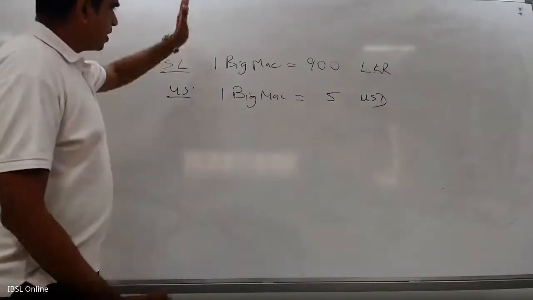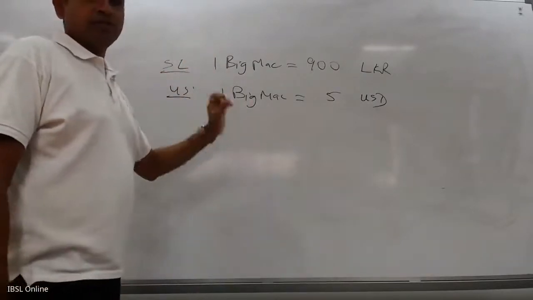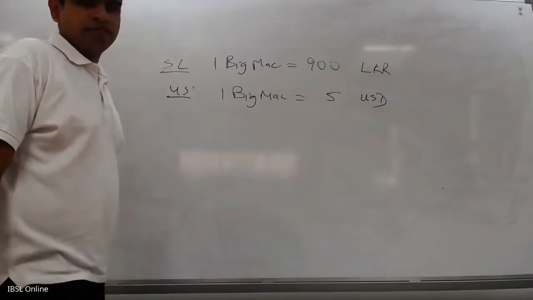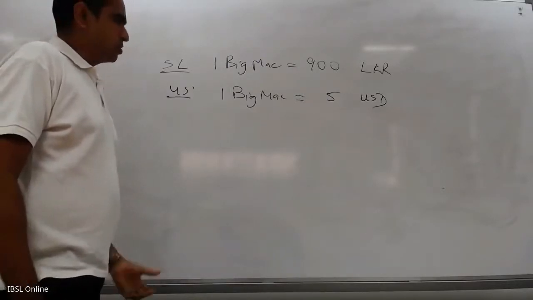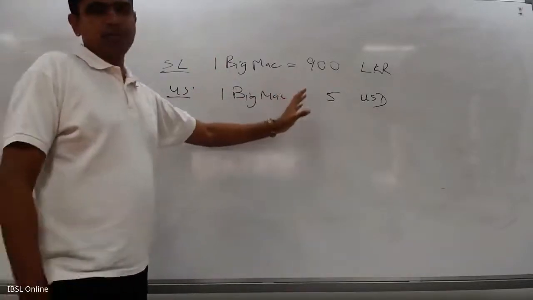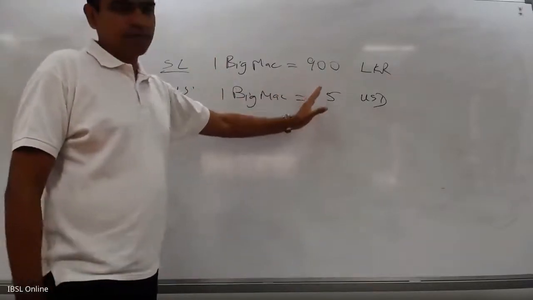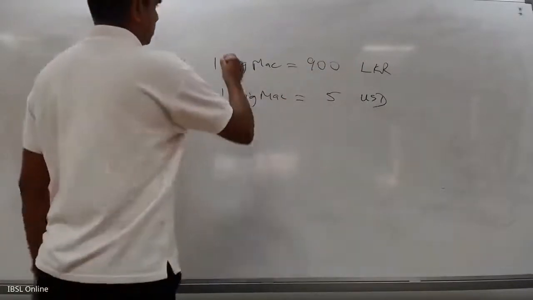Right? So you have the identical product. Let's say everything is identical. The size is the same, the quality is the same, the taste is the same, everything is the same. No difference at all. So the same product, price in two different markets will reflect the exchange rate. That is what purchasing power theory says.